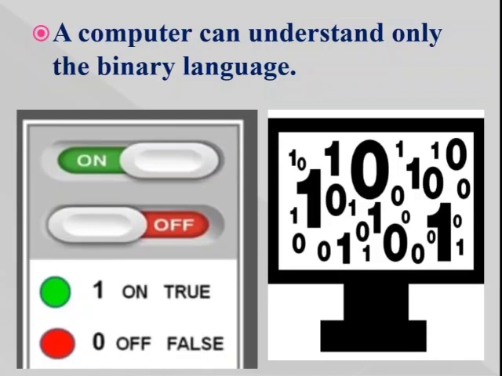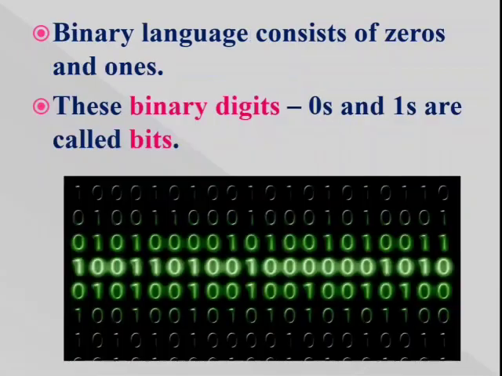The computer can only be in two states, on that is 1 and off that is 0, based on only two numbers, that is 0 and 1, in different sequence.